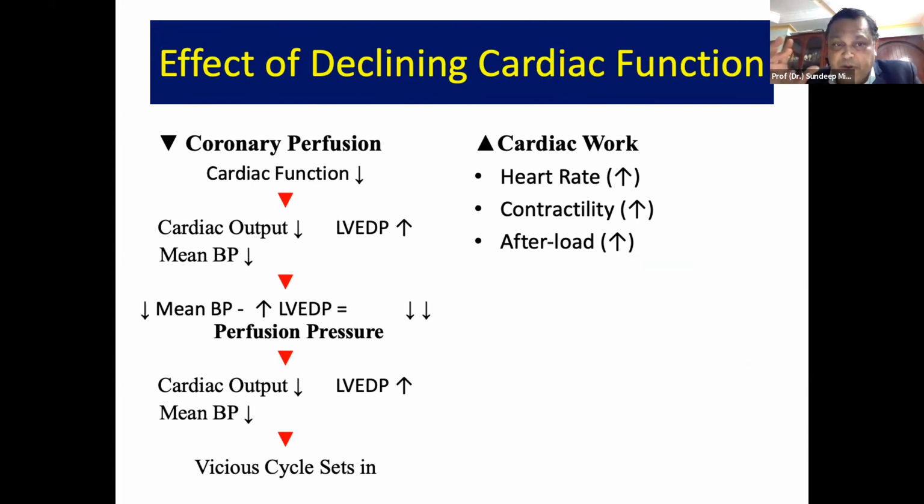Is the problem predominantly decreased coronary perfusion, which happens in heart attack, cardiogenic shock, and other situations, or is it decreased cardiac function per se, which can happen in heart failure or acute decompensated heart failure, where the predominant problem is decreased cardiac function, and that leads, in a vicious cycle, to decreased perfusion pressure.